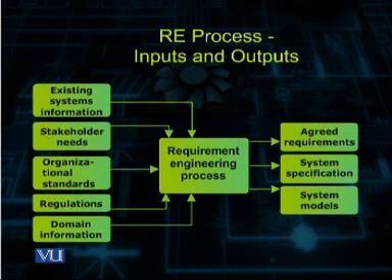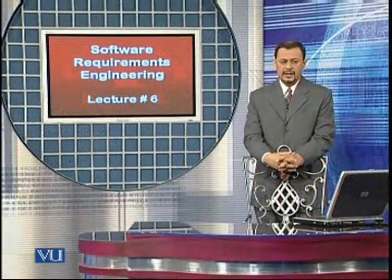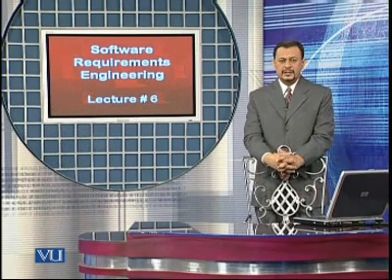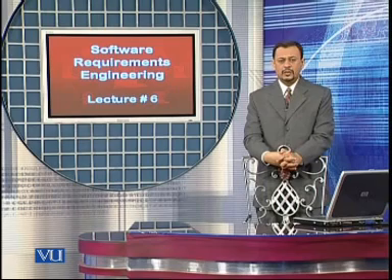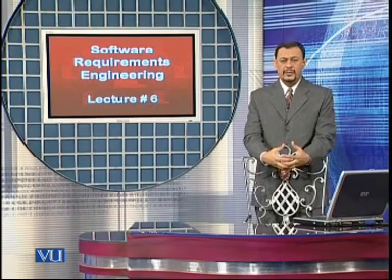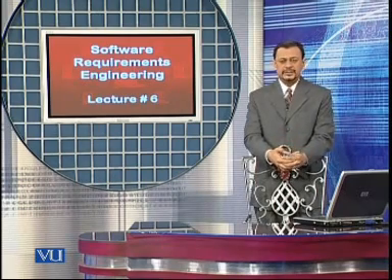The second is the stakeholder needs. As we have discussed in the first 3-4 lectures about the requirements and the needs of the stakeholders, the stakeholders' needs are the primary source of information for the new product.